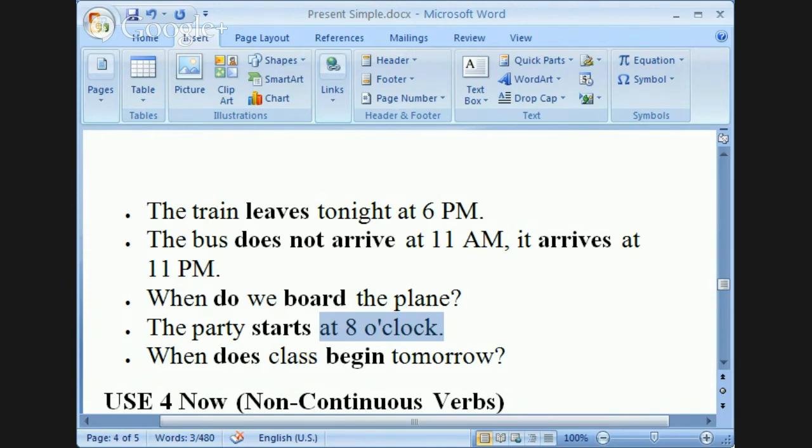When cook start as today. We cook something.